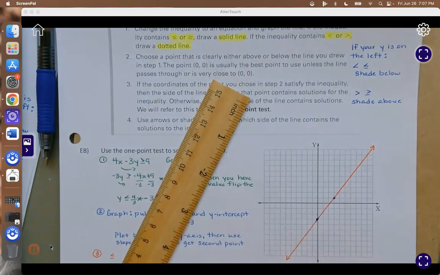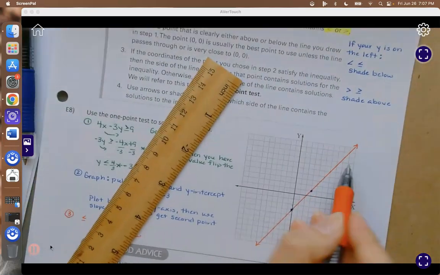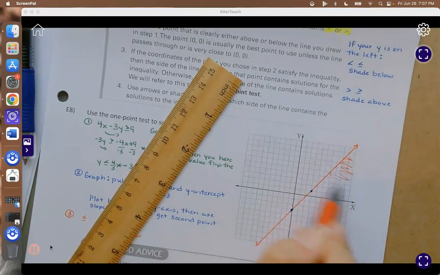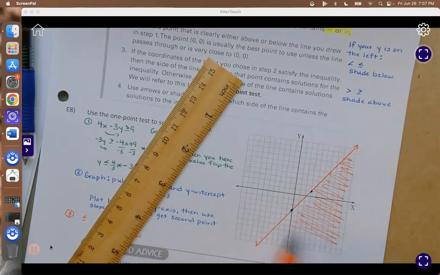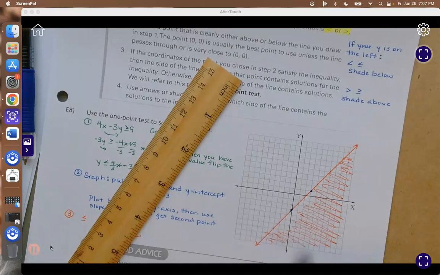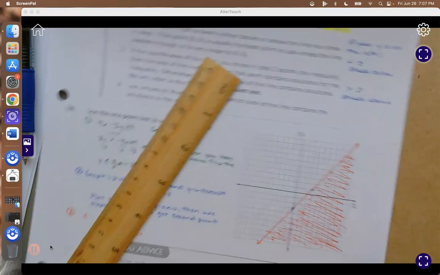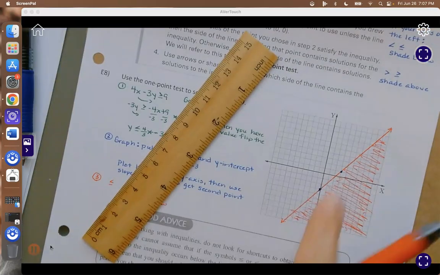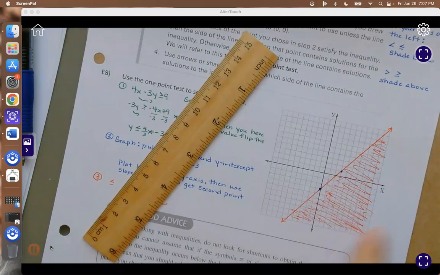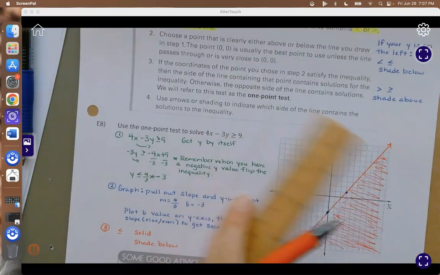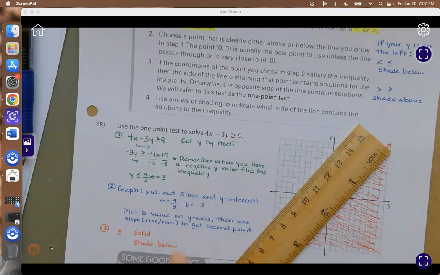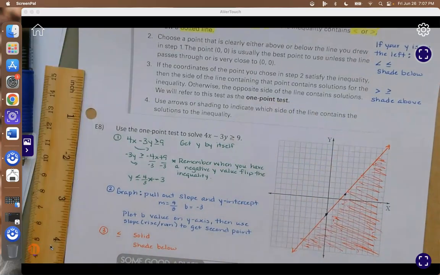And we shade below. So all these points from this line and below, if you pick any of those ordered pairs, it would make this inequality true. Okay? Awesome.